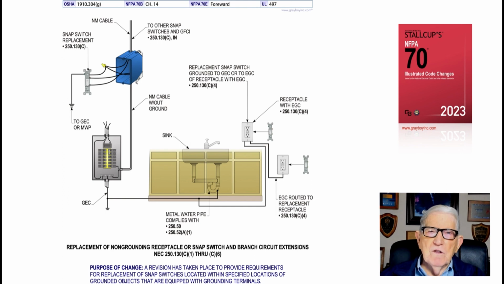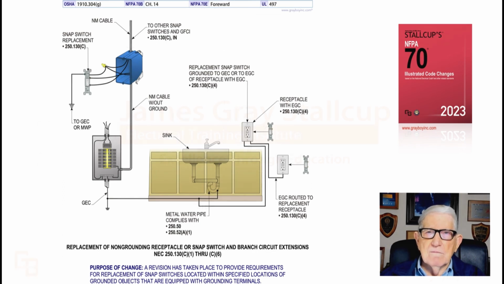They're just allowing you to take these replacement switches and ground those in the same manner as we've grounded, say, a receptacle in existing editions of the NEC. And of course, this is all in accordance with 250.130, and that's what this illustration is illustrating to the user of the NEC.